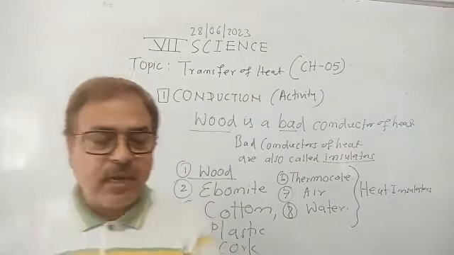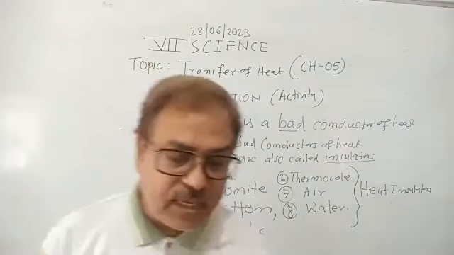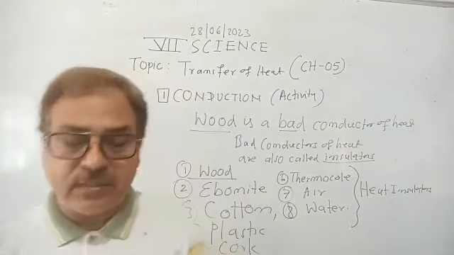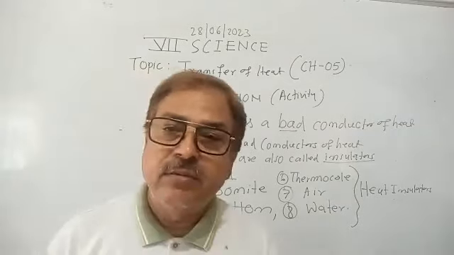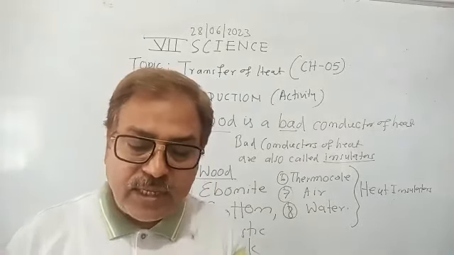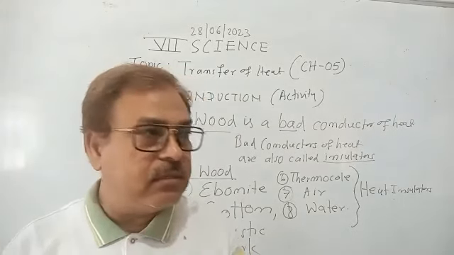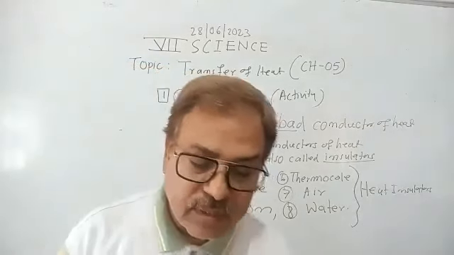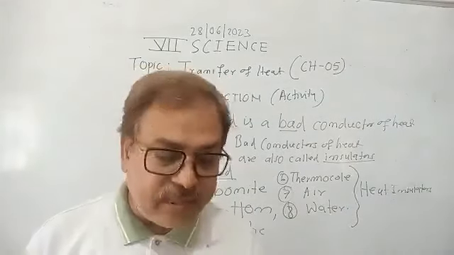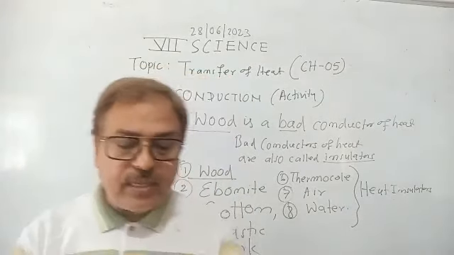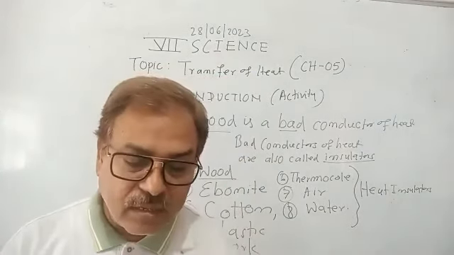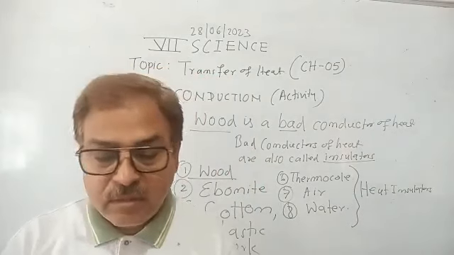Similarly, the third example of conduction is the use of bricks and mud for making houses. Wood, bricks and mud help shield us from the heat of the sun during summer. These materials are bad conductors of heat and hence do not let the outside heat reach inside the house easily.